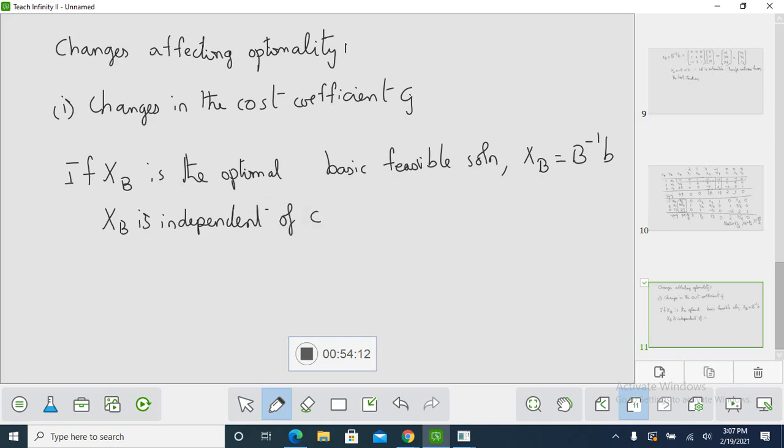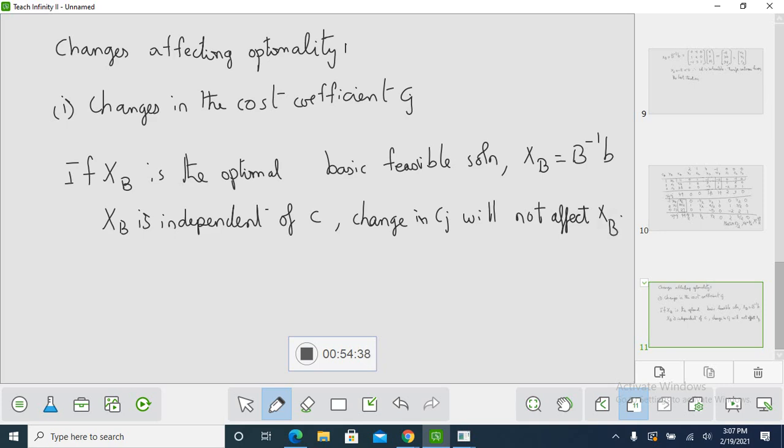So change in Cj will not affect XB. That means, XB is contributing to your feasibility, so it will not affect XB.